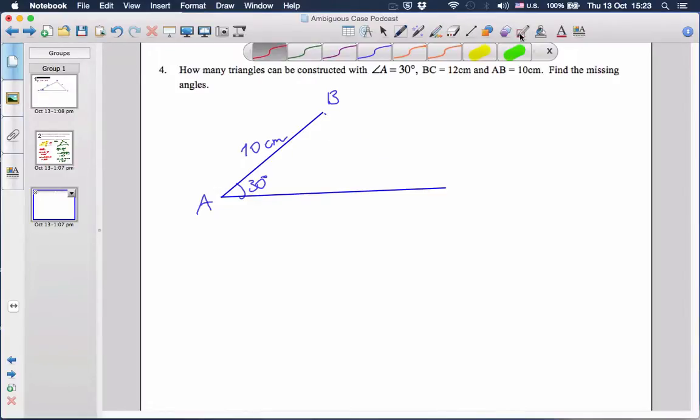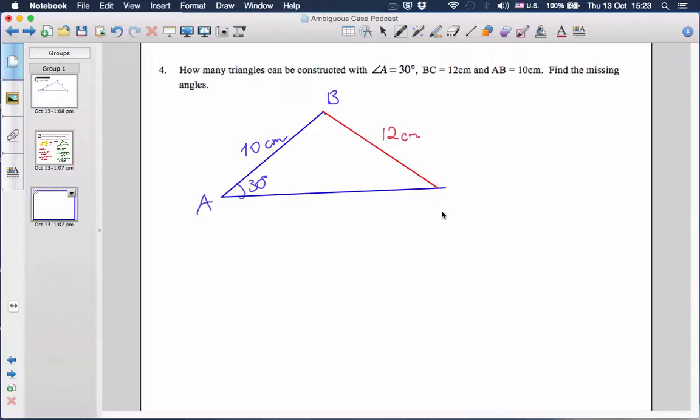What you notice here is that BC is longer than AB. So you cannot get an ambiguous case because this 12 centimeter leg is not going to swing in and meet somewhere here, right? So that's not going to happen. So there's only one case.